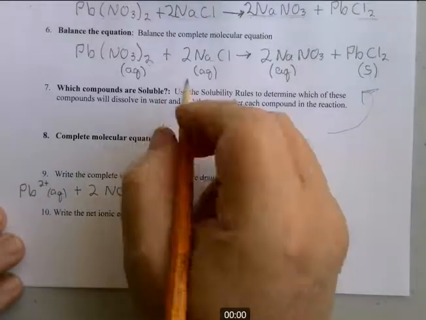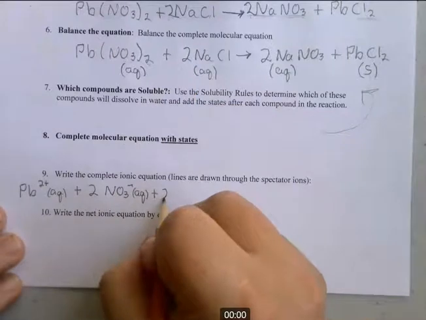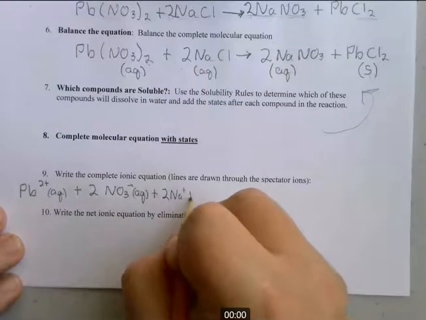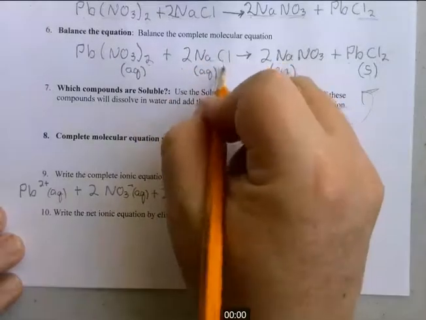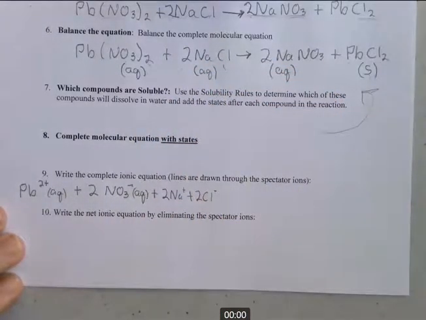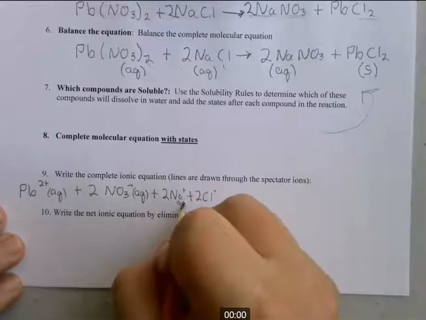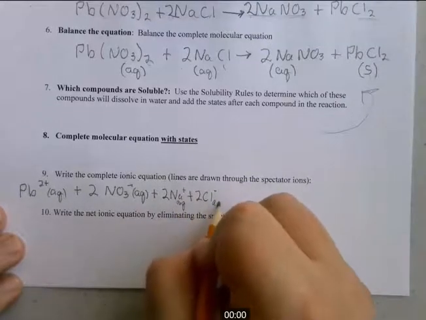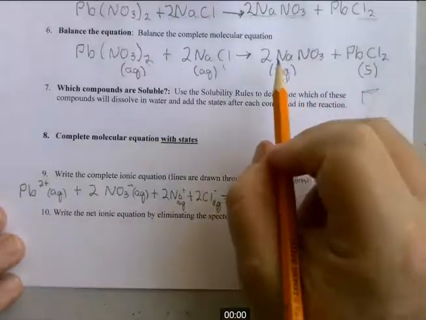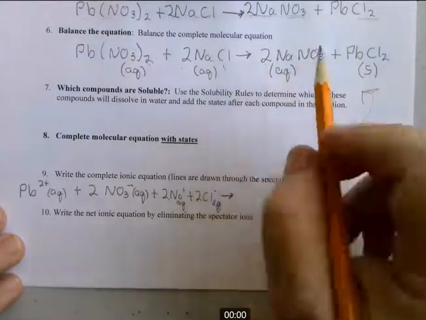Now you're going to have 2 Nas, and they're cations, they're positive, 2 Na plus, 2 Cl minuses there. And I should be writing aqueous and aqueous there. Everything's aqueous on the left. Okay, now we get 2 Nas and 2 NO3s.